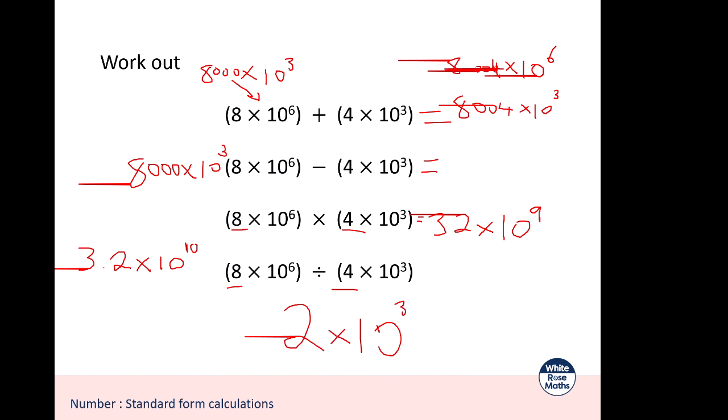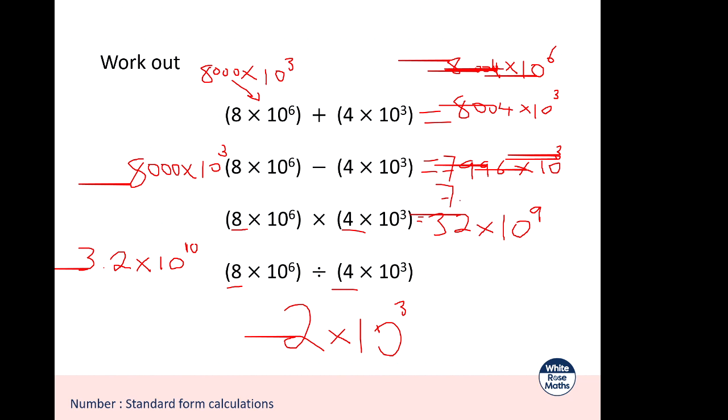Well, 8,000 minus 4 is going to be 7,996 multiplied by 10 cubed, which is the same as saying 7.996 times 10 to the power of 6, and that obviously being standard form.